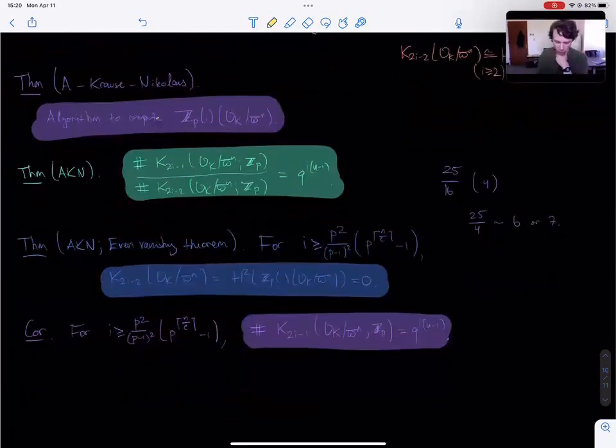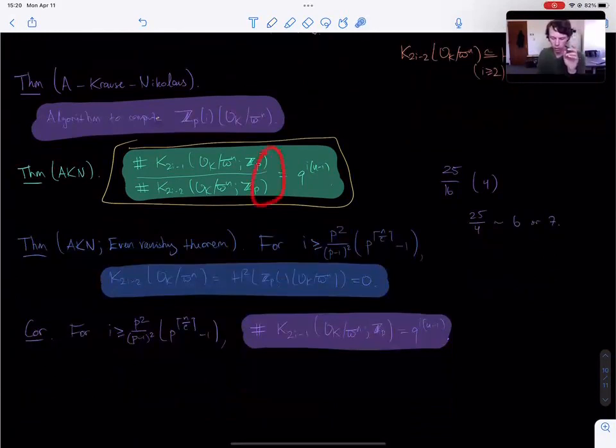Using that, we prove this quotient relation, which generalizes work of Ingoldfight. We don't know that the even K groups vanish, but we still get this relationship about the ratio. And then we prove that for large i, the even K groups do vanish.